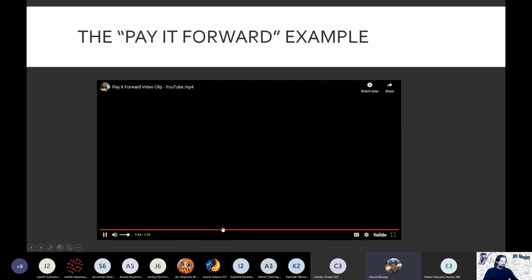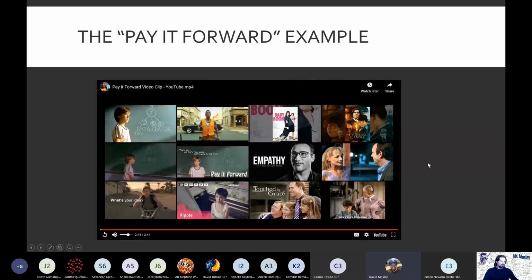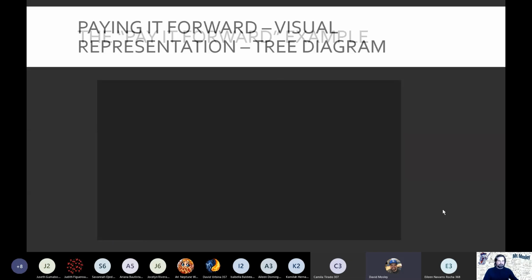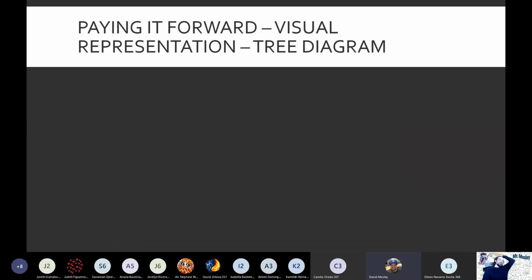Alrighty. So the big idea that we're taking away from this is the idea of exponential growth, right? The picture that essentially the kid drew, showing how this thing expands. It's kind of a visual representation that we're going to look at to help make sense of exponential growth.